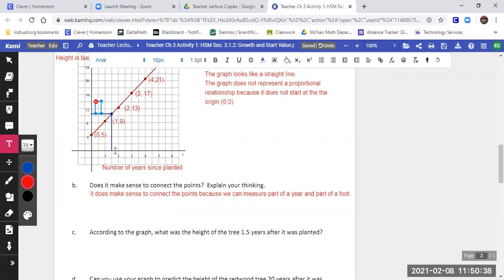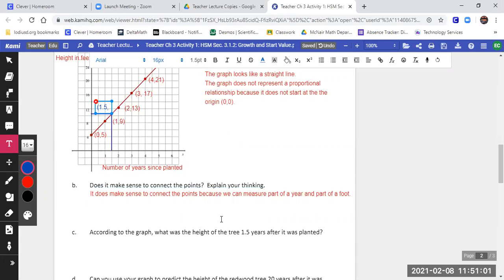Okay, who wants to venture to guess? What maybe are we going to say this new coordinate is? (1.5, what? Now think about how we're measuring. How many feet did it grow in 1 year?